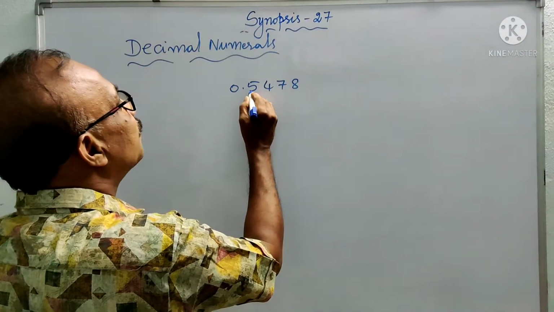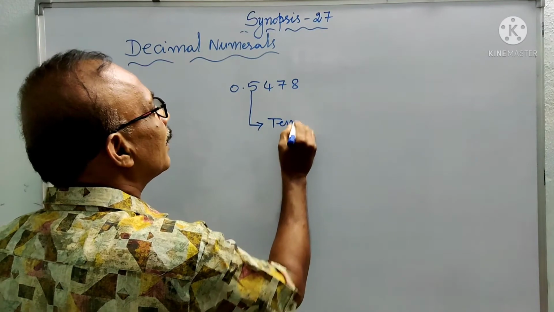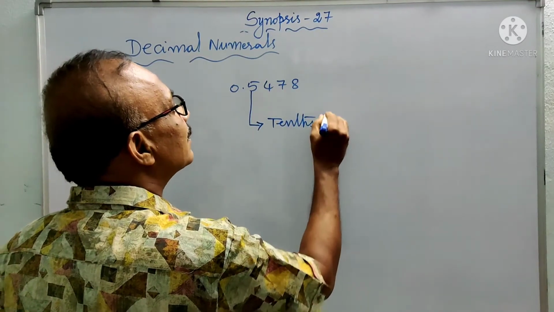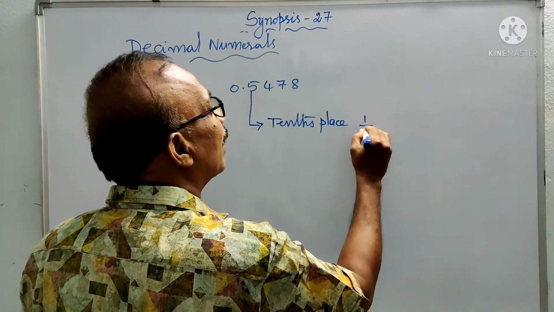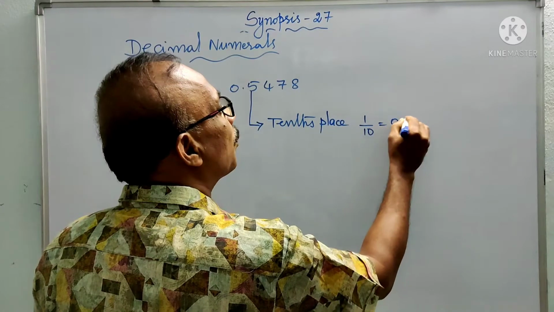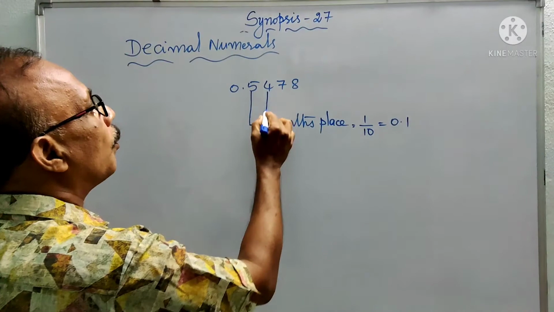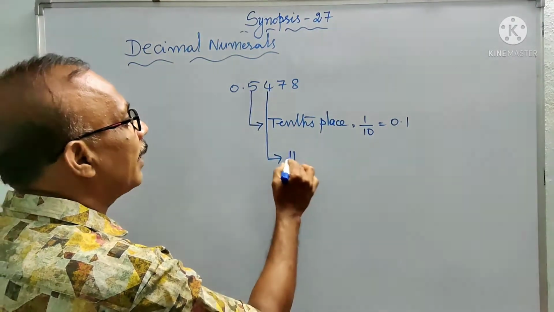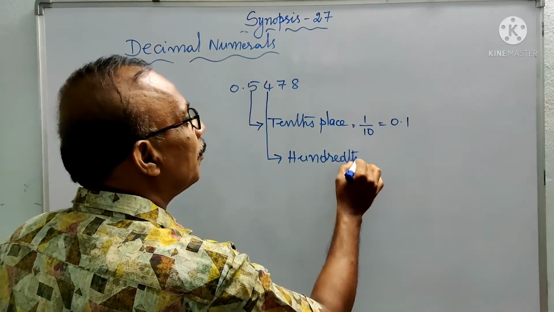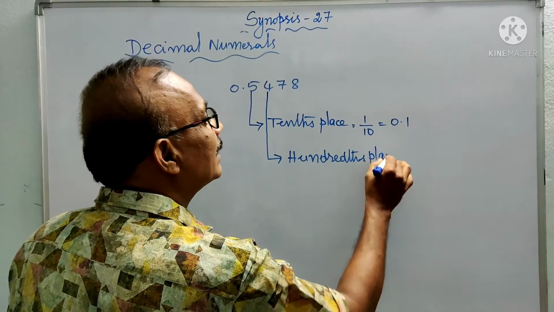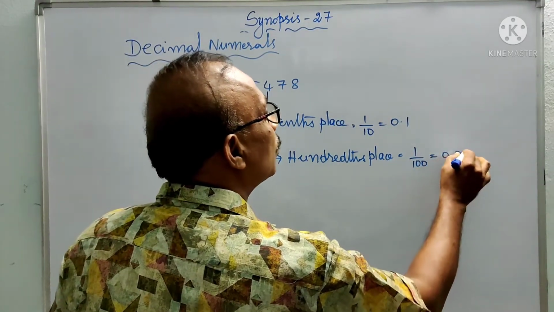That is, this 5 is in the tenths place, and its place value is 1 by 10 or 0.1. And next, 4 is in the hundredths place, and it is equal to 1 by 100 or 0.01.